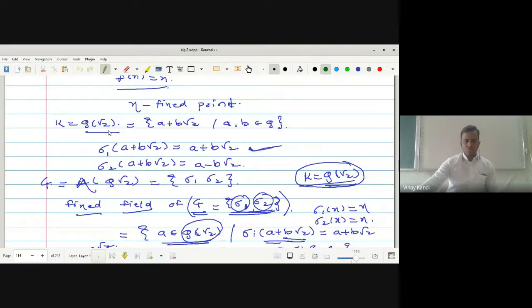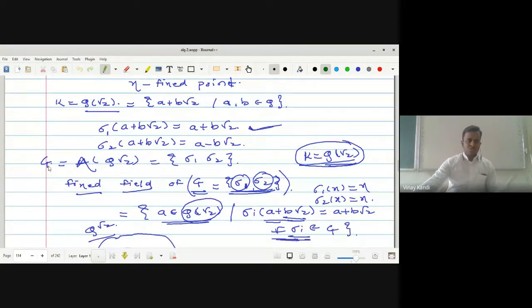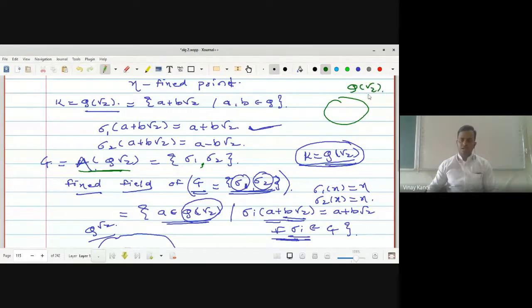Suppose we take G equal to the set of all automorphisms of Q(root 2), which we proved forms a group. That is sigma 1 and sigma 2. So we find the elements of Q(root 2) such that if you apply sigma 1 and sigma 2 on that element, it is fixed.